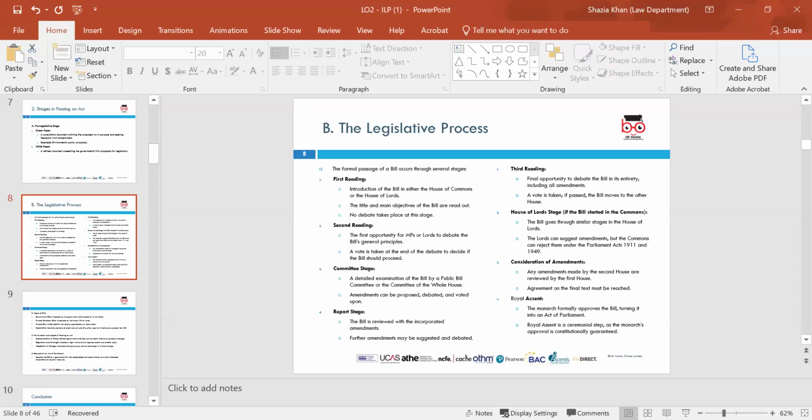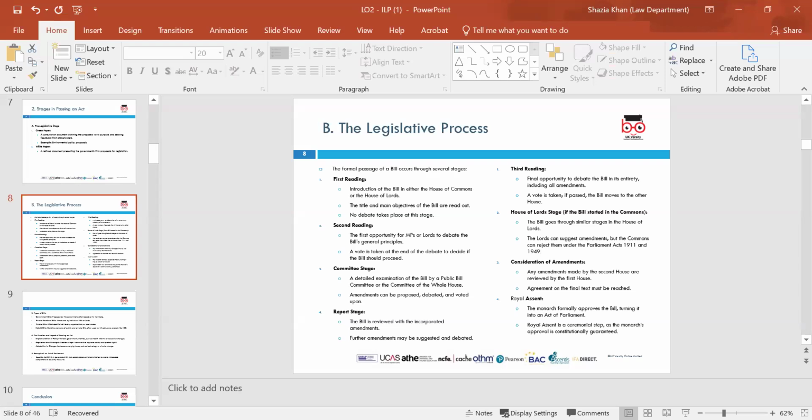Then the second reading. This is when a bill is first debated. For a government bill, a minister opens the debate, and then shadow ministers and backbench MPs have the opportunity to make their points about the proposed legislation, and the details of the bill cannot be changed at this stage. But an MP can table a reasoned amendment opposing the bill.